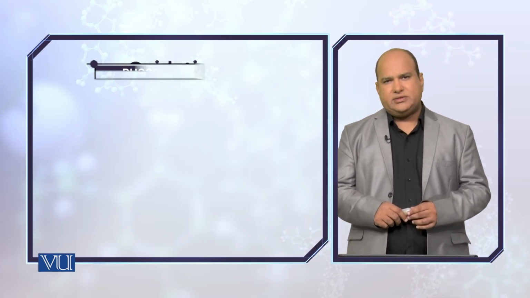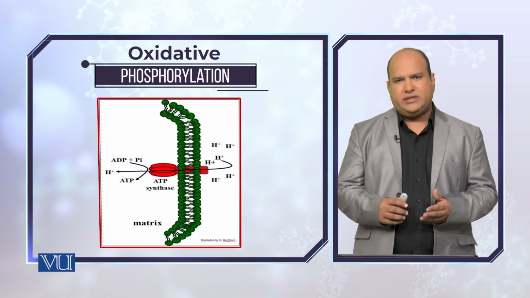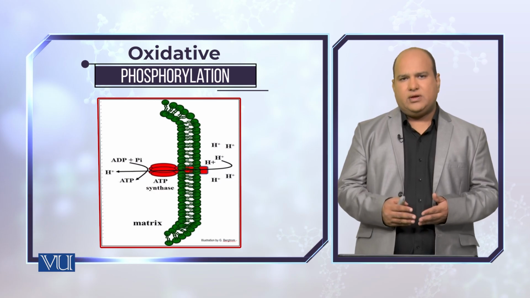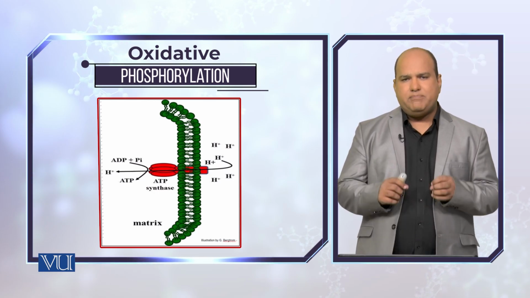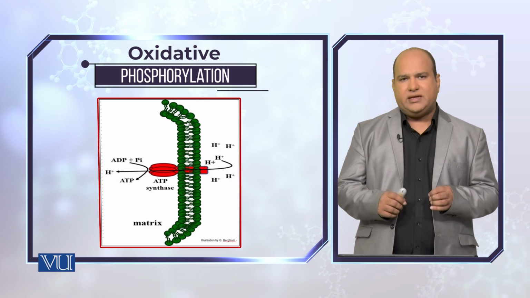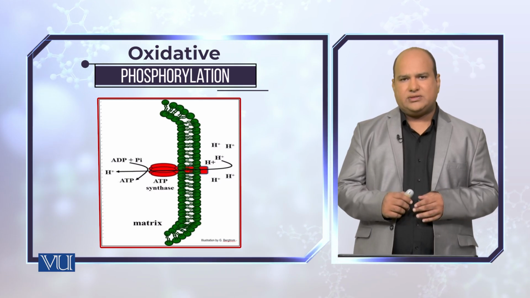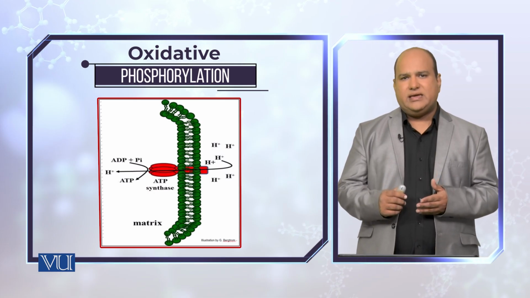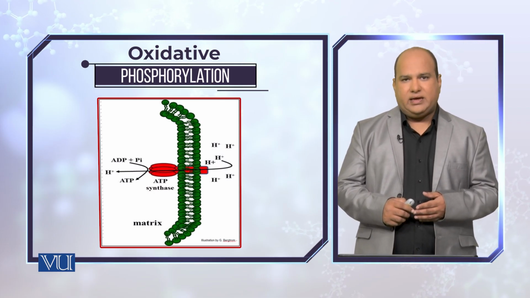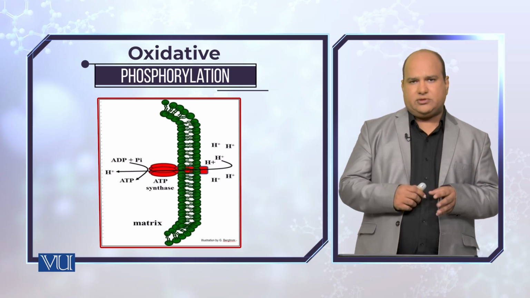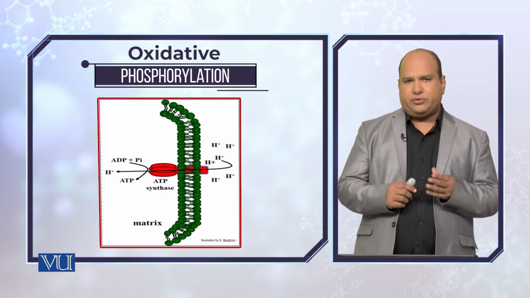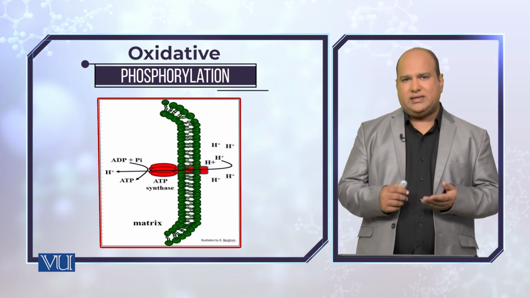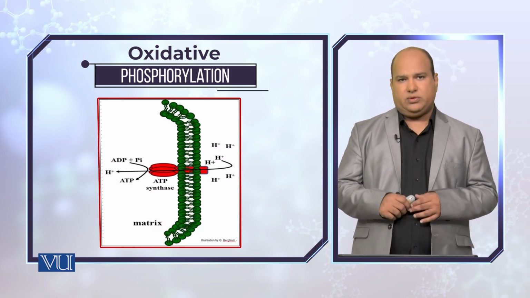In the coming days you will be learning about the different mechanistic aspects of the process. The major cellular component where oxidative phosphorylation occurs is the mitochondria, and certain components of the mitochondria, like the mitochondrial membrane specifically and also the mitochondrial matrix, play important roles.